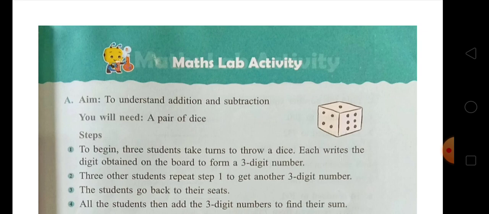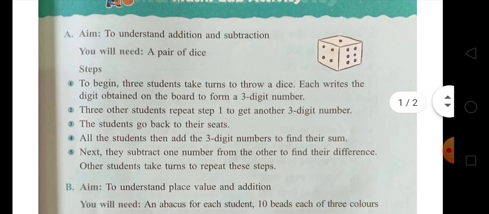After that, 3 other students repeat step 1 to get another 3-digit number. And after that the students go back to their seats, and all the students add the 3-digit numbers to find their sum.